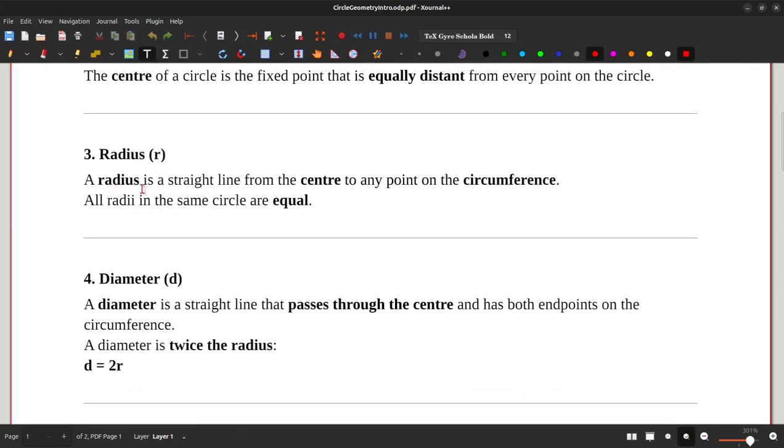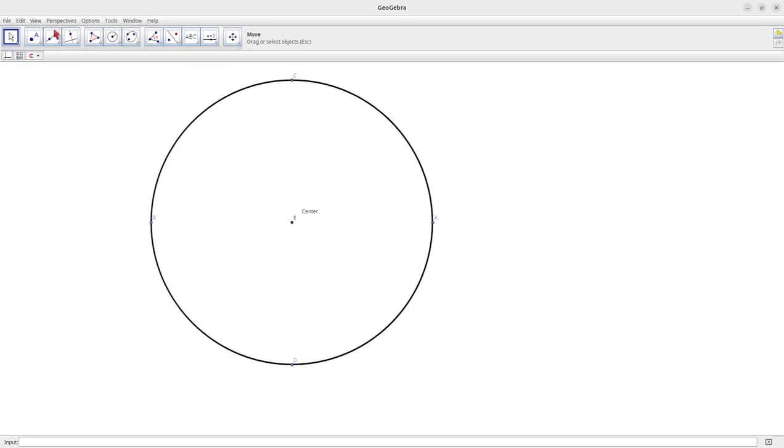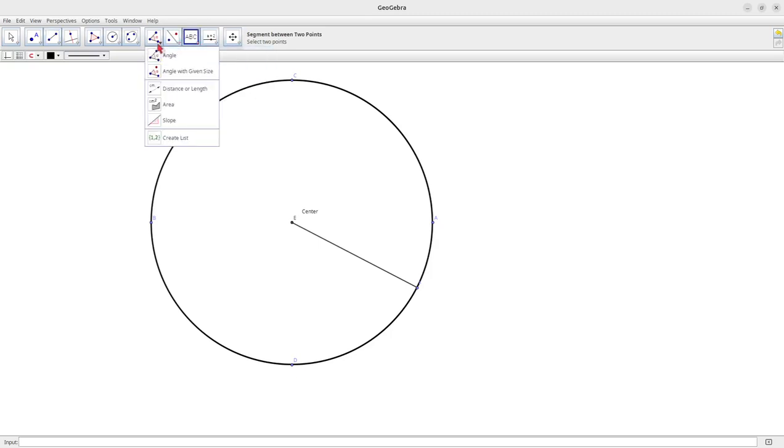Next, let's define a radius. If you can draw a line from the fixed point, or rather from the center, to any point on the circumference, all those lines are going to have the same distance, no matter where you go on the circumference.